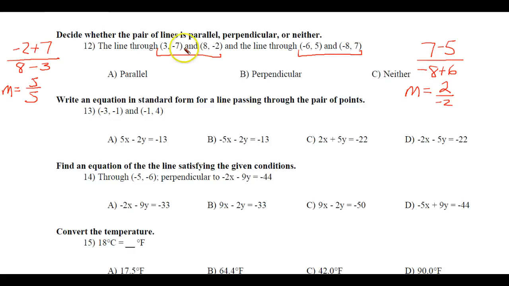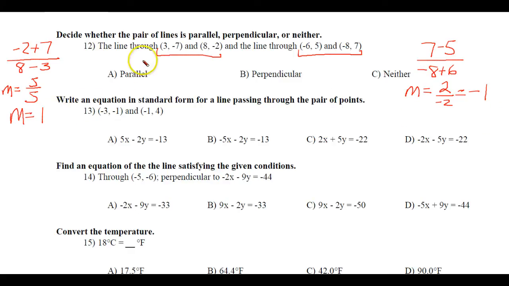So setting up this set of points in the slope formula, I get m is 5 over 5, or m equals a positive 1. And setting these up, I get m equals 2 over negative 2, which is a negative 1. So as we look at the slopes, are they the same?